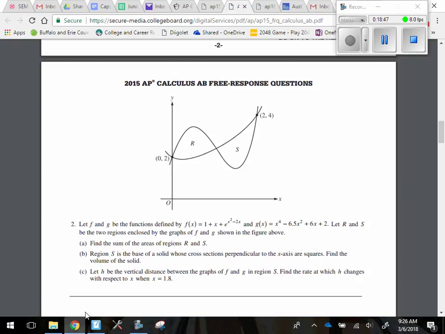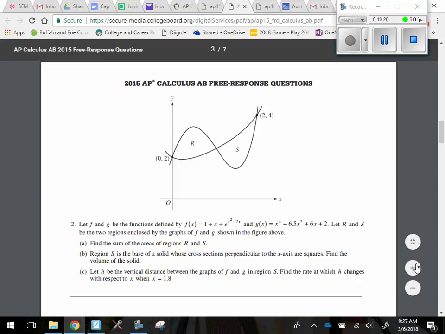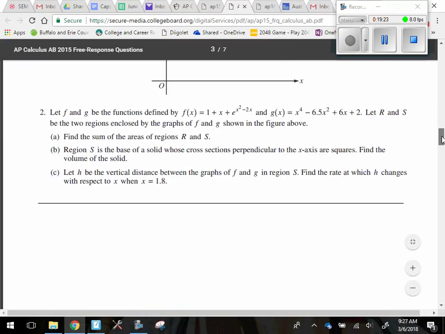And if you want to try to stretch yourself, now do part B, which says region S is the base of a solid whose cross sections perpendicular to the x-axis are squares. Find the volume of the solid. Okay. Or do part C. As a matter of fact, I can make it bigger.